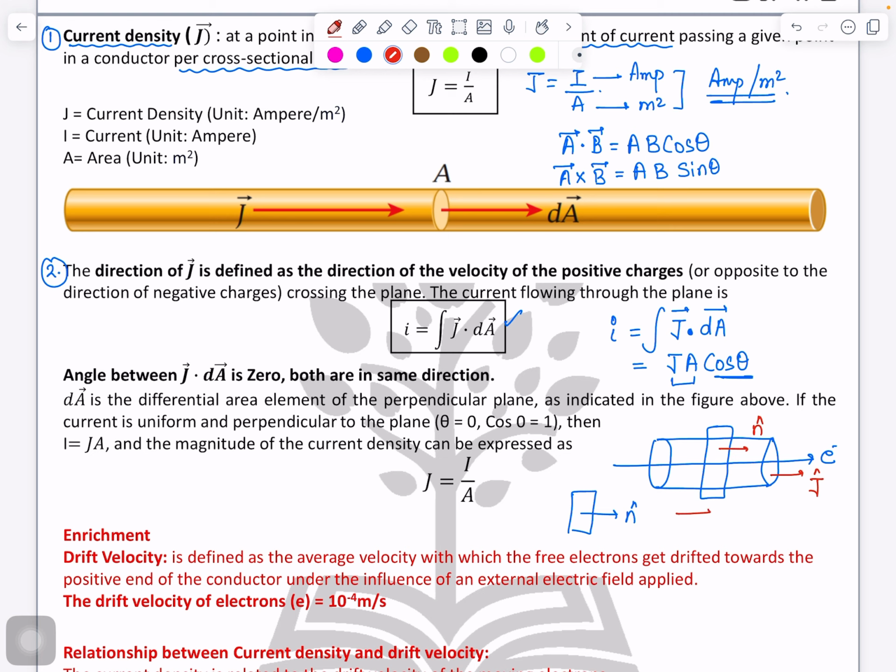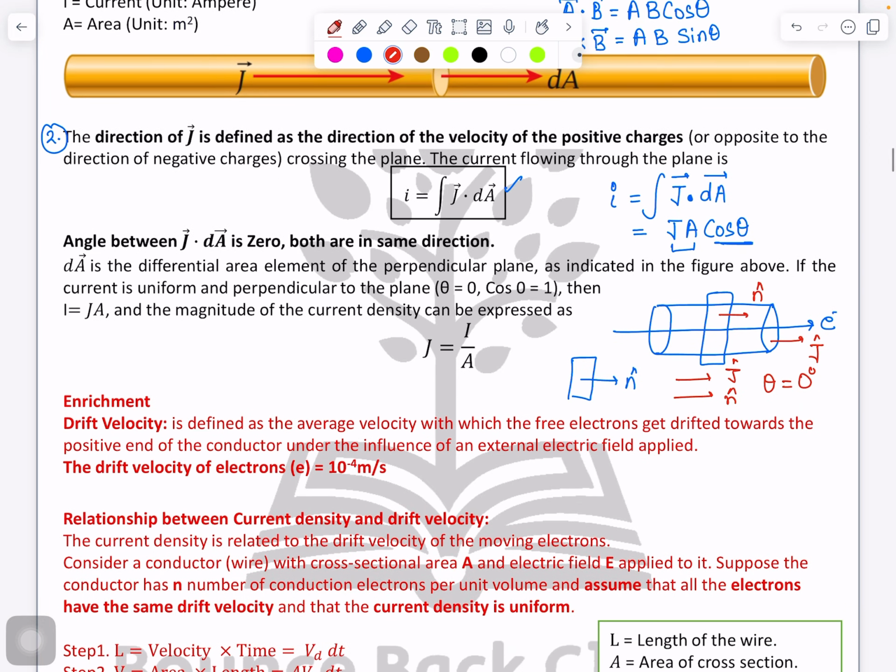If both are in the same direction, can I say theta equals 0 degrees? Yes or no? Because both are moving in the same direction, cos 0 degrees equals 1. This is the major thing you need to understand: the angle between J and A is 0 because both are traveling in the same direction.